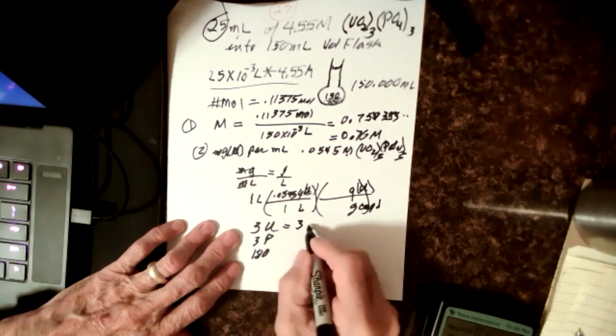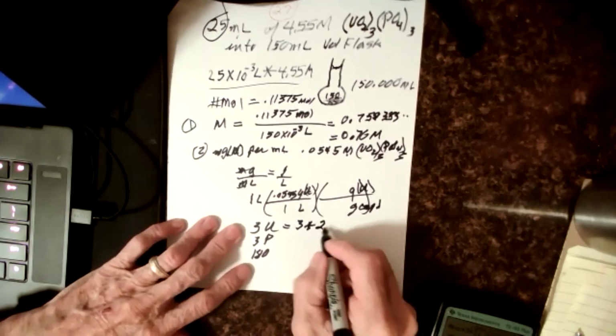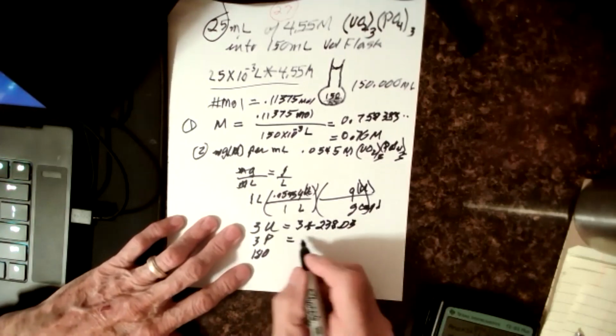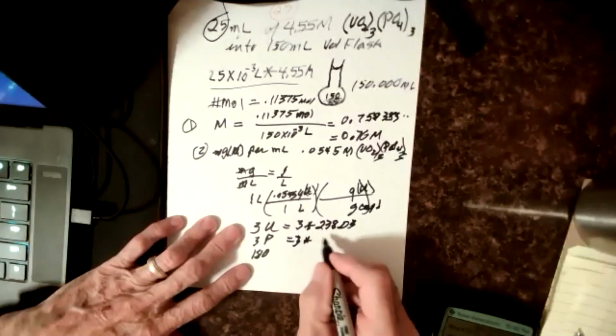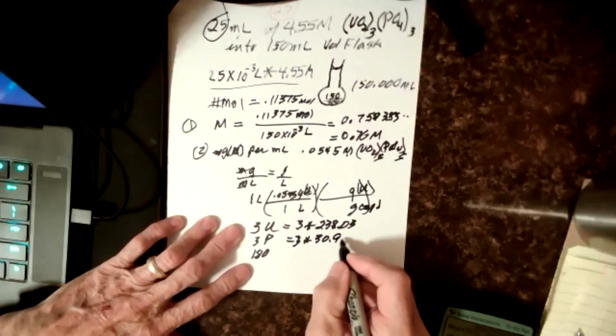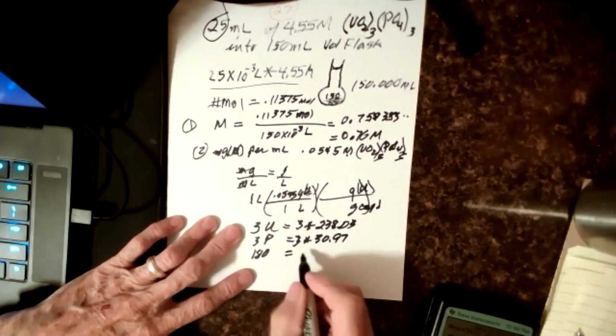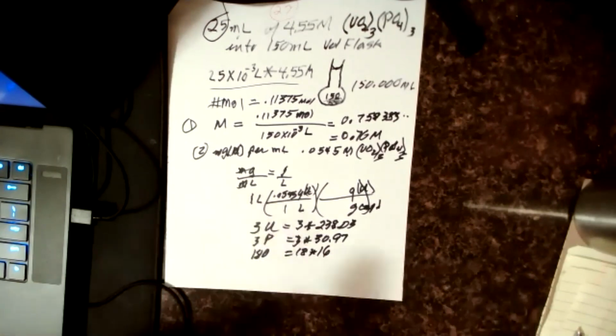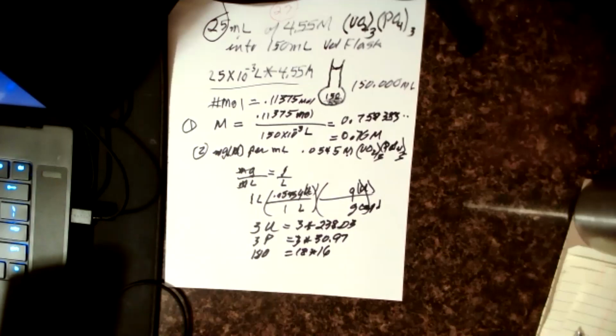That would be 3 times uranium, which is 238.03, 3 phosphorus, that's 30.97, and 18 oxygens times 16. And that would be my mass. So let's do all of our figuring. 3 times 238.03 plus 3 times 30.97 plus 18 times 16.